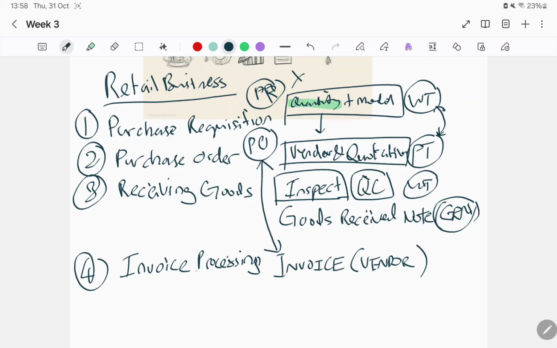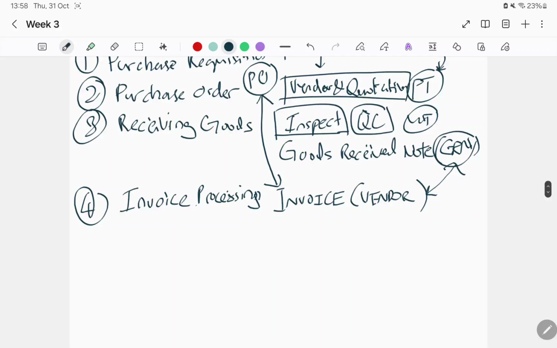Then you will compare with the goods received note, to see if the quantity is correct or not. If this and this are okay, then invoice processing passes. Only then will you go to number 5, the payment. If not, you don't pay, right?